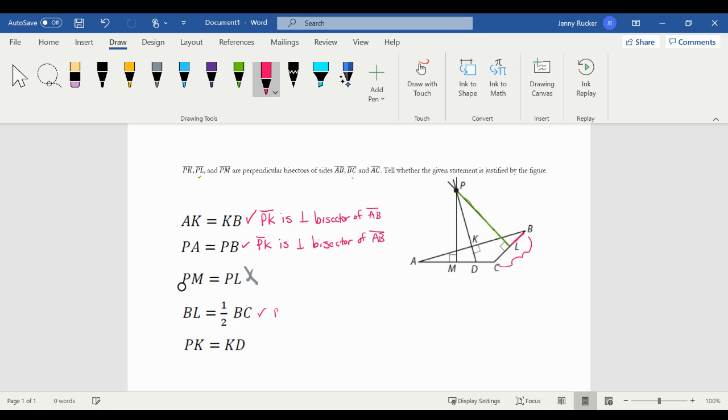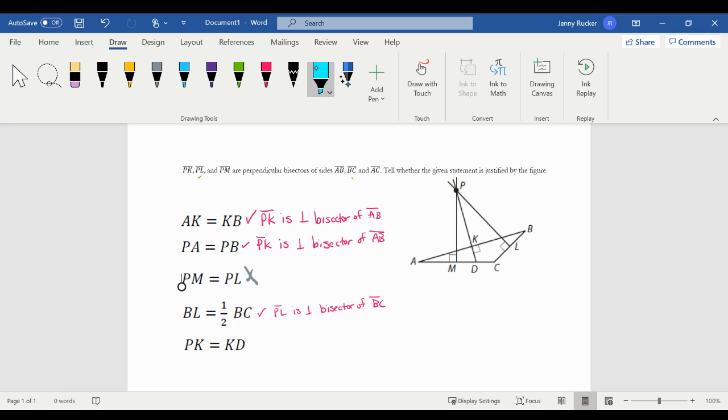That means L is the midpoint, so BL would be half the length of BC. So that's justifiable.